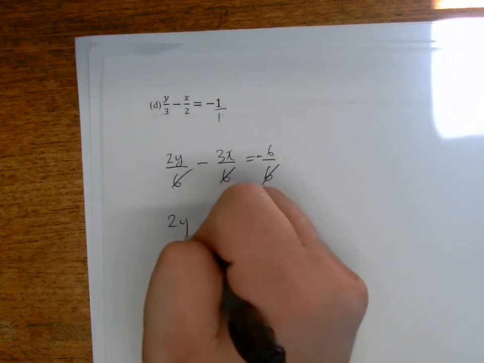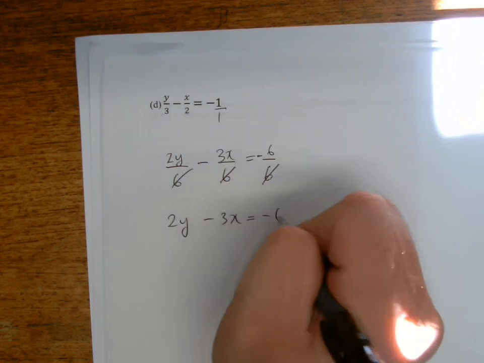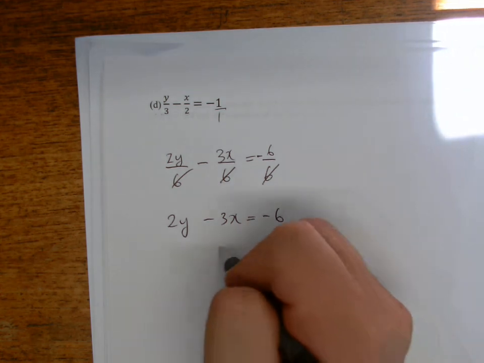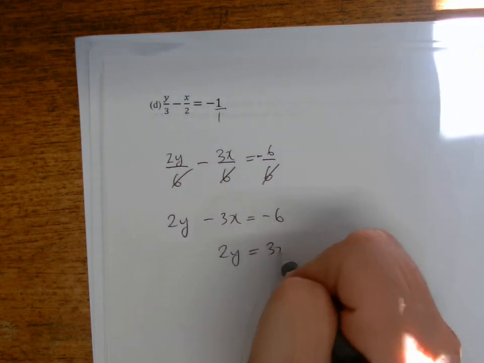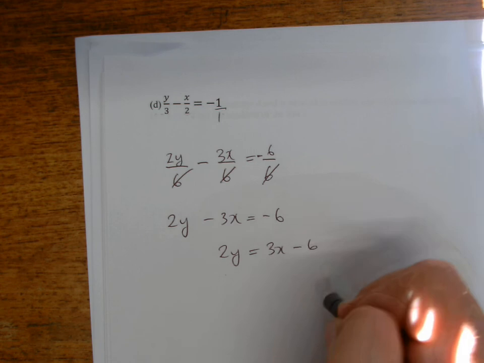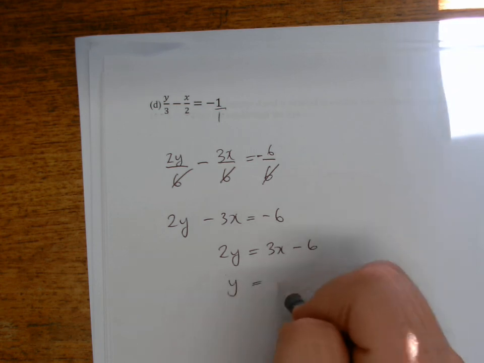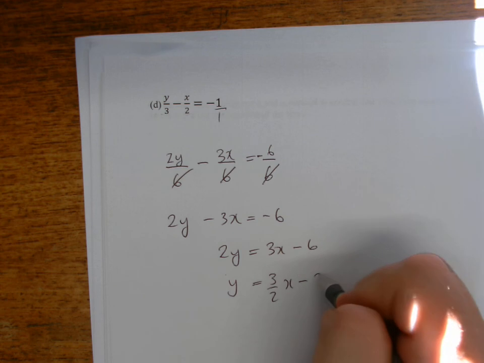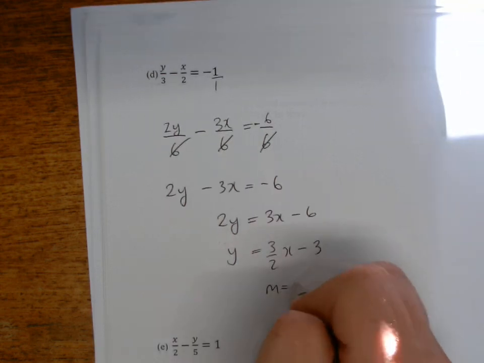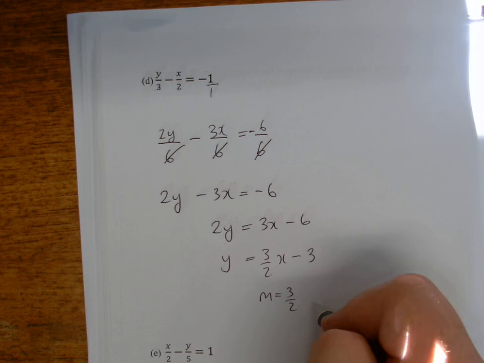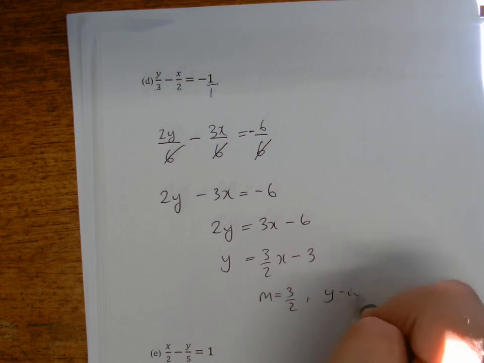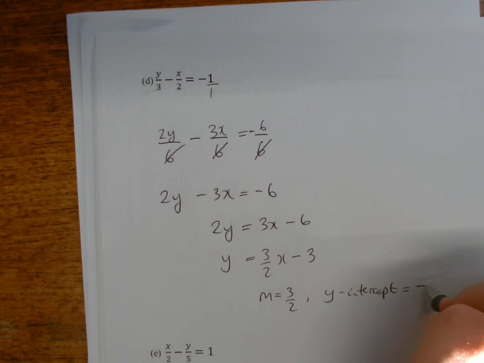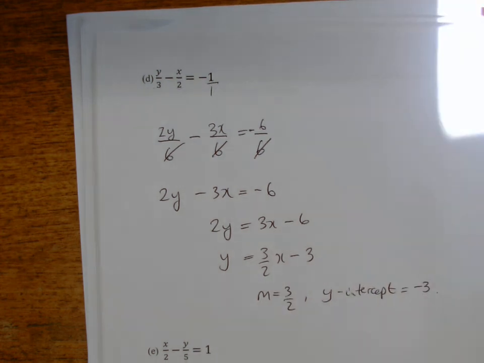So we end up with 2y minus 3x equals minus 6. Then I've got positive 3x, take it over. And then all I've got to do is divide by 2. Divide that by 2. So I get my gradient to be 3 over 2, and my y-intercept is this value here, minus 3.